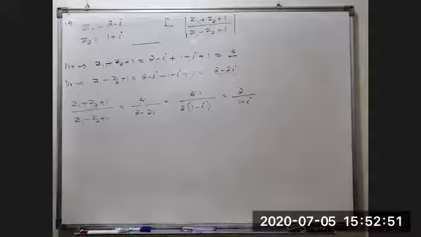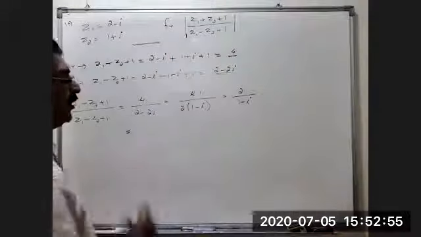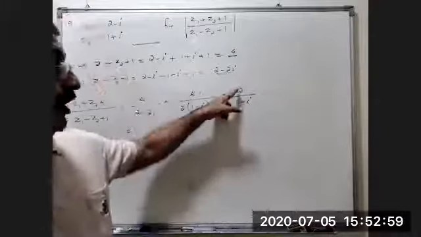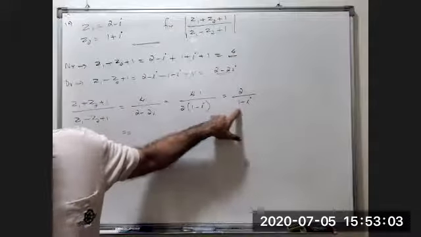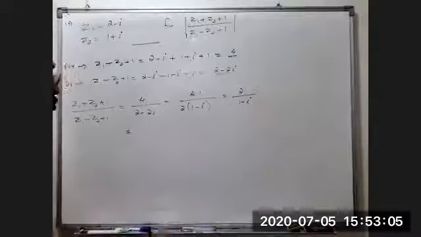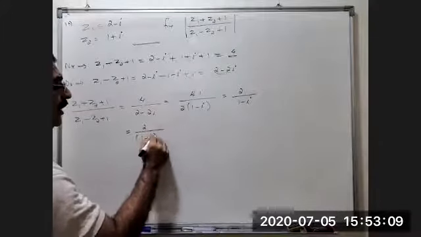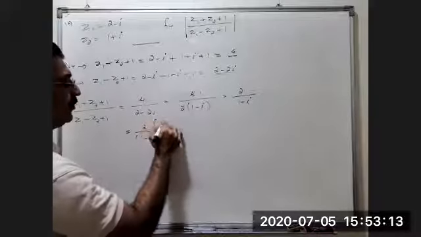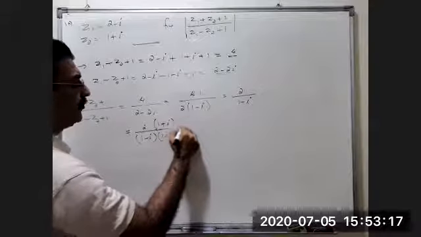Again, see that to find the modulus of any complex number, first we have to write the standard form. Whenever we are getting such an expression, how to write in standard form? Multiply by the conjugate. That is 2 by 1 minus i, multiplied with 1 plus i by 1 plus i.